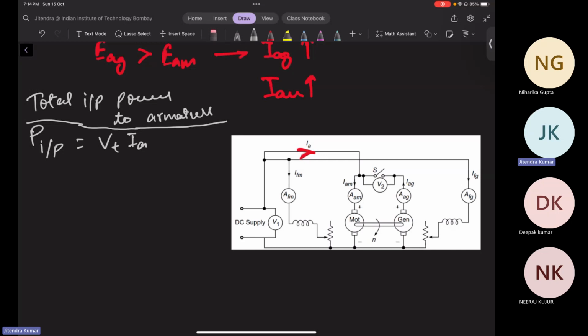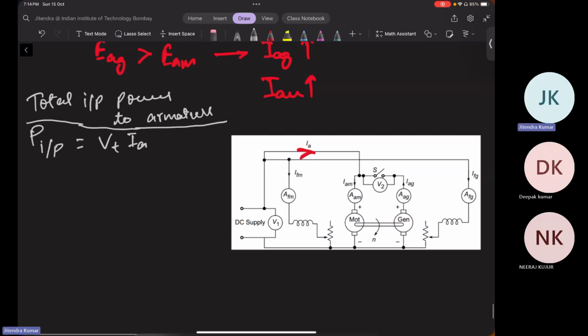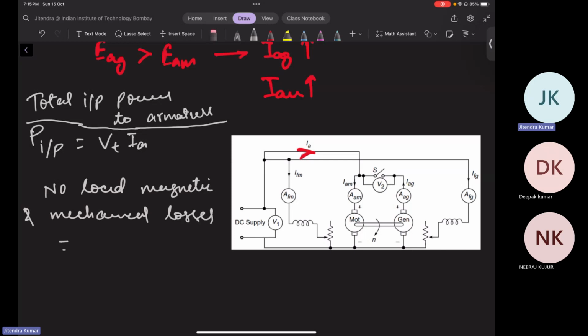So that is the armature input power. We have certain losses: windage plus frictional losses, meaning no load losses basically. No load magnetic and mechanical losses will be how much?